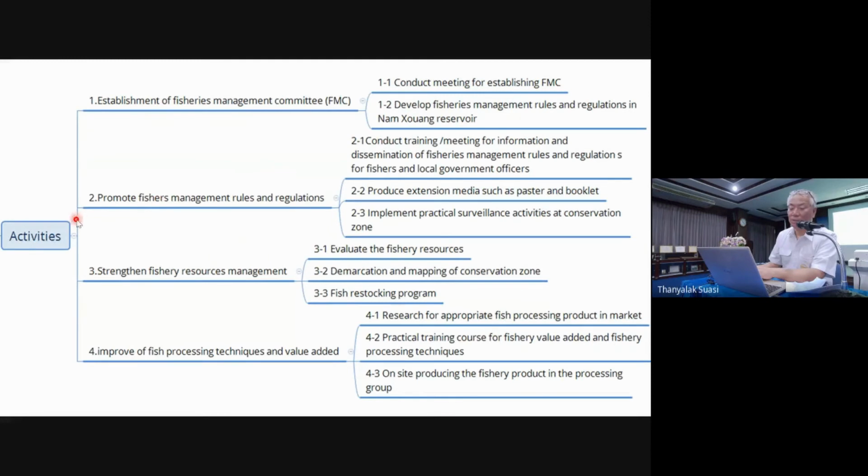And second activity, promote the fishing management rules: conducting training, information dissemination of the fishing management rules, and extension media such as posters and signboards. We announce the regulation to fishers.